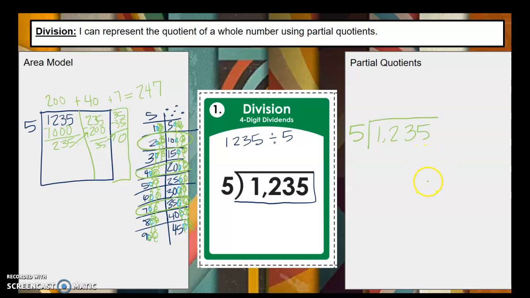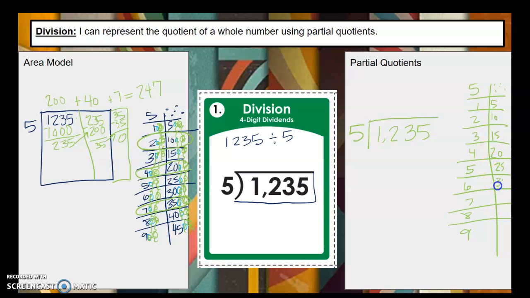Okay, but it's worked the exact same way. Okay, so let me draw another T-chart so you can see it. There's 1, 2, 3, 4, 5, 5, 10, 15, 20, 25, 30, 35, 40, 45.